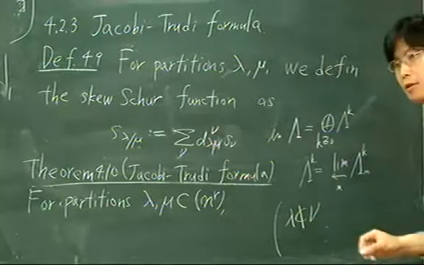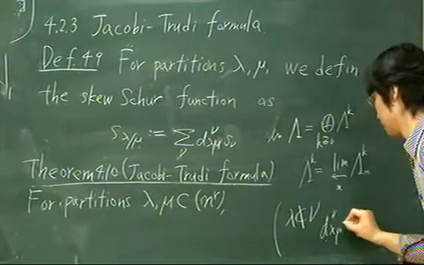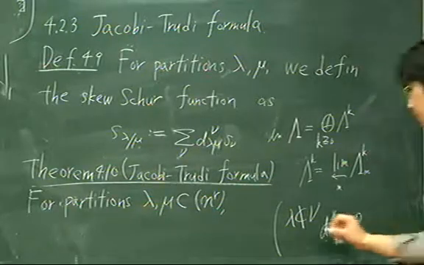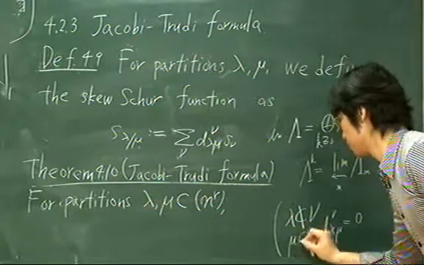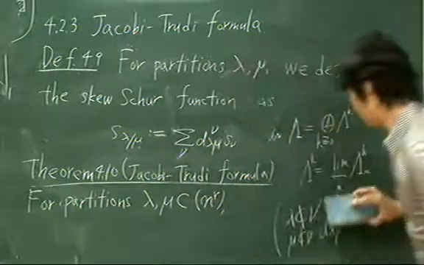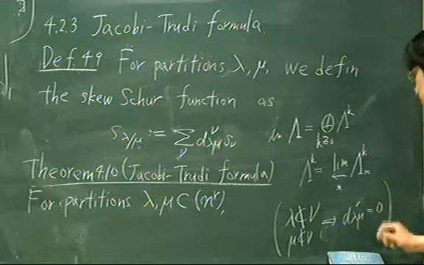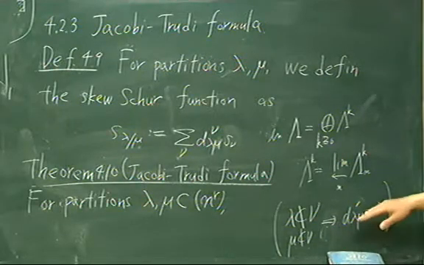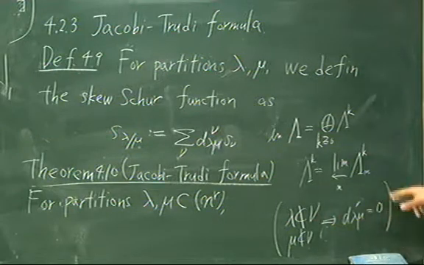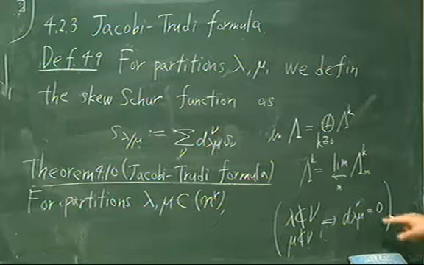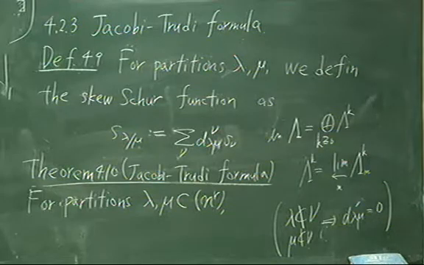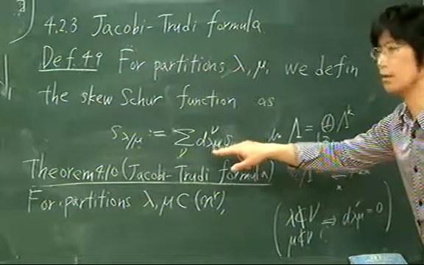In fact, if lambda is not contained in nu, automatically d lambda mu nu equals 0. Or mu not contained in nu. It is not difficult to show this result. So in fact, it is a finite sum.